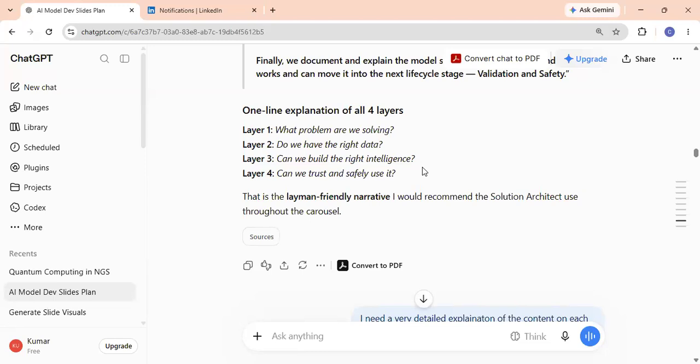Abnormal behavior of the customer or transaction behavior. Right, so examples, live examples.